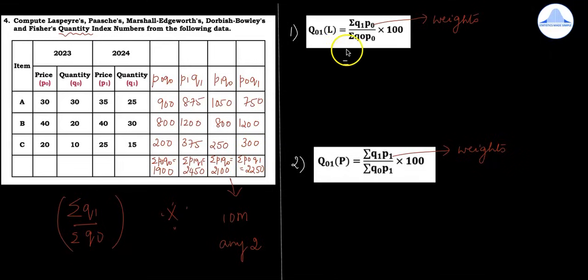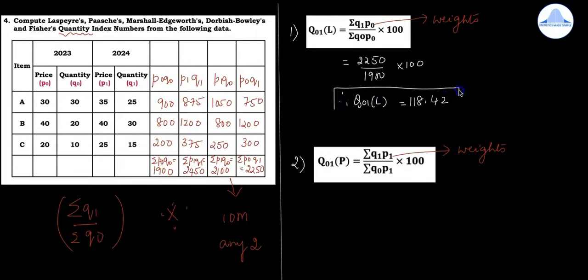So when you're substituting, substitute carefully. 2250 divided by summation Q0 P0, which is 1900, into 100. So you'll get Q01 of L is equal to 118.42.